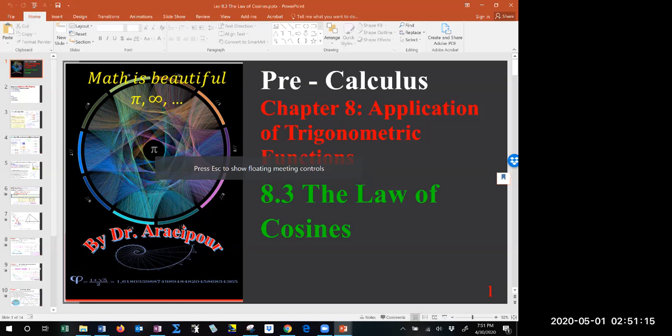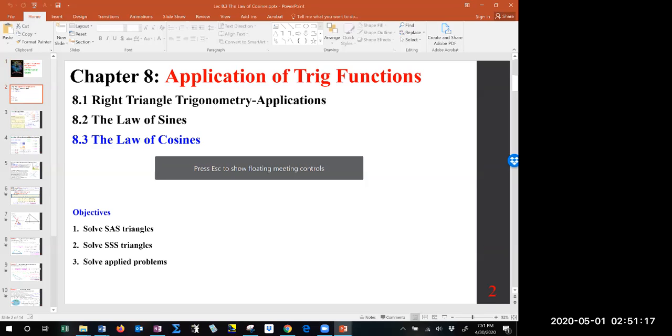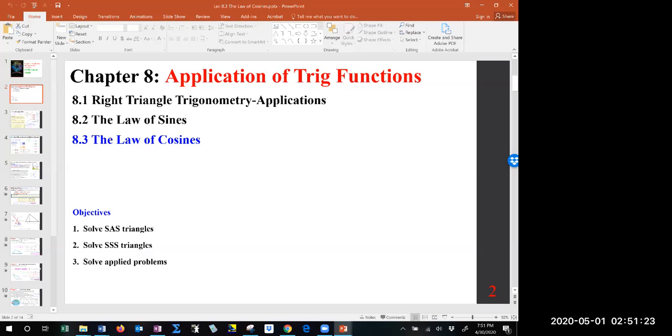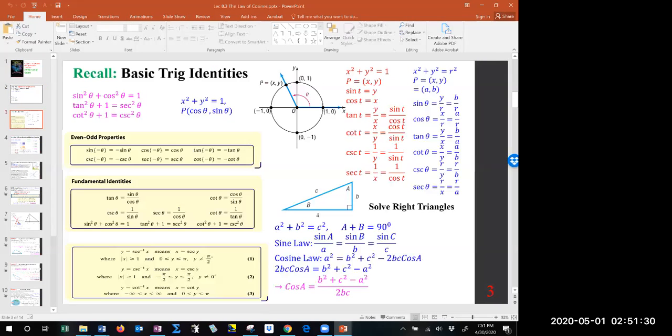So we are looking at the law of cosines, and remember, one of the things we can do is SAS, side, angle, side, that means included angle, and SSS, all sides are given. Again, I keep on giving you this page. I can't emphasize the importance of this page, class.